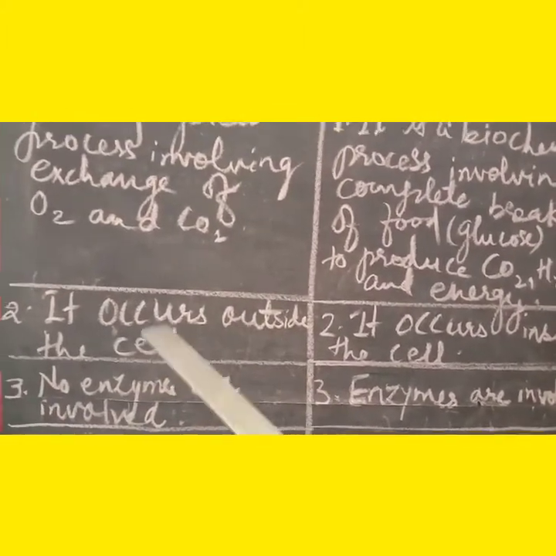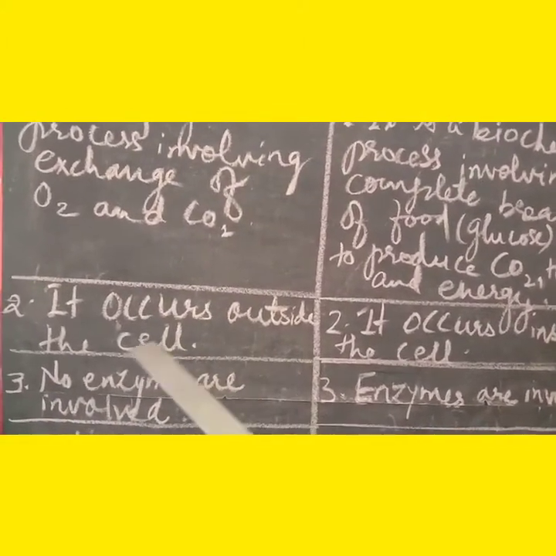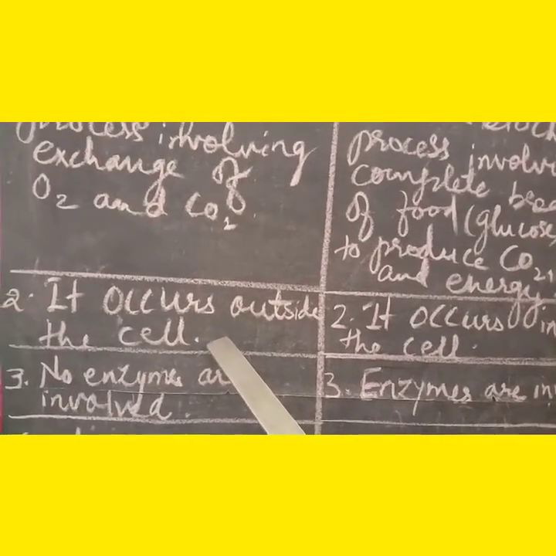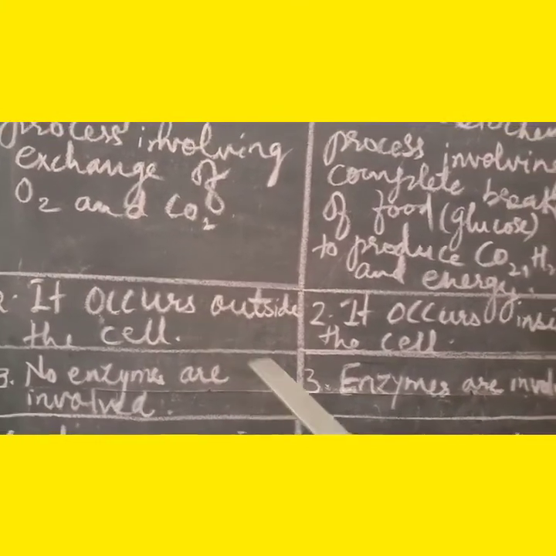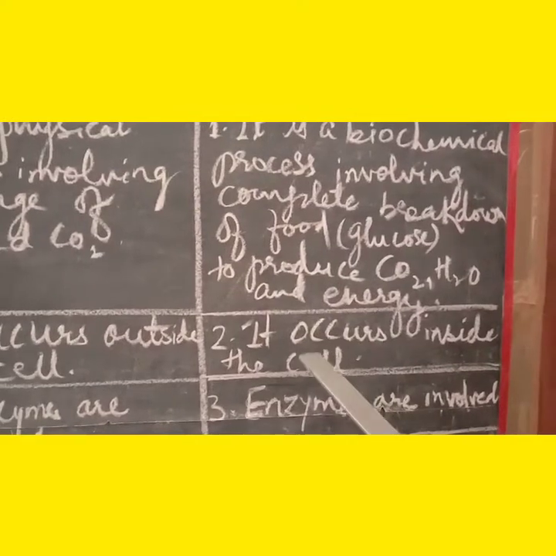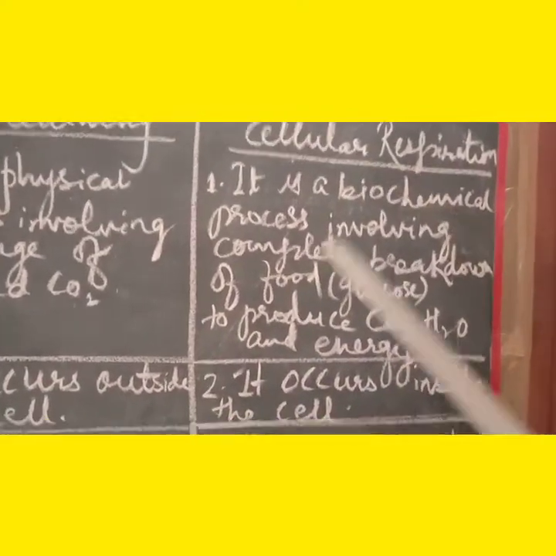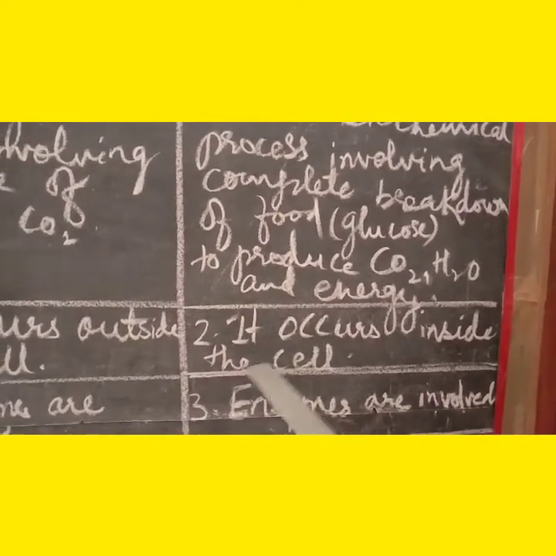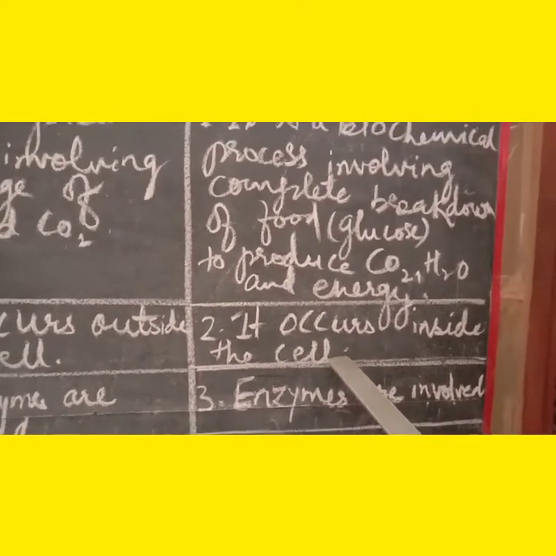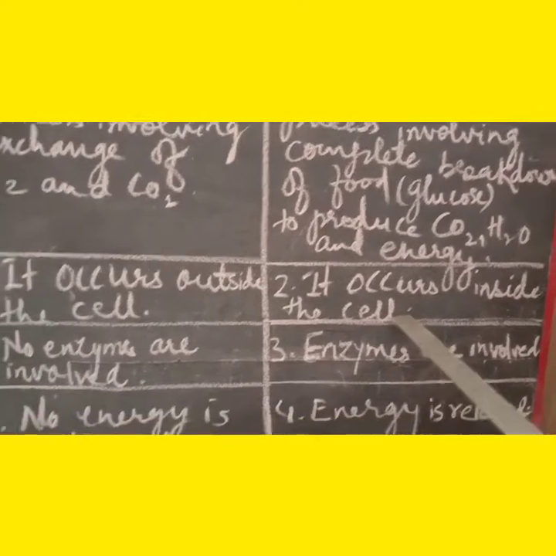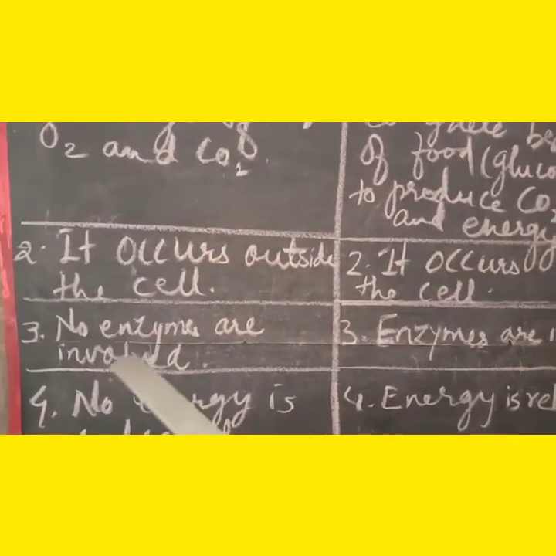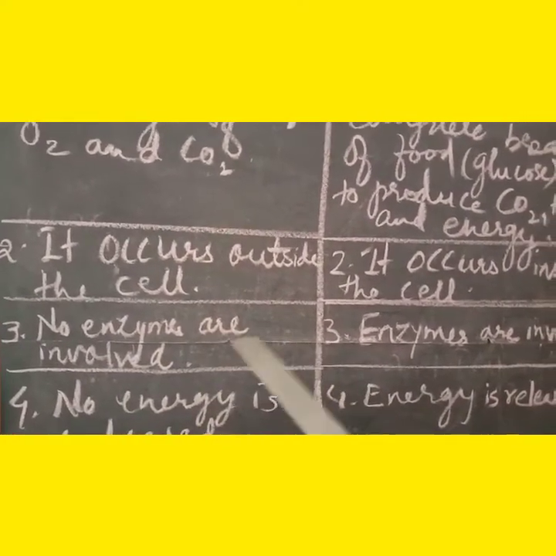Second point of difference is that breathing occurs outside the cell, and that is why it is called external respiration. Whereas cellular respiration, as the name itself suggests, occurs inside the cell, and that is why it is called internal respiration also. Third point of difference is regarding enzymes.